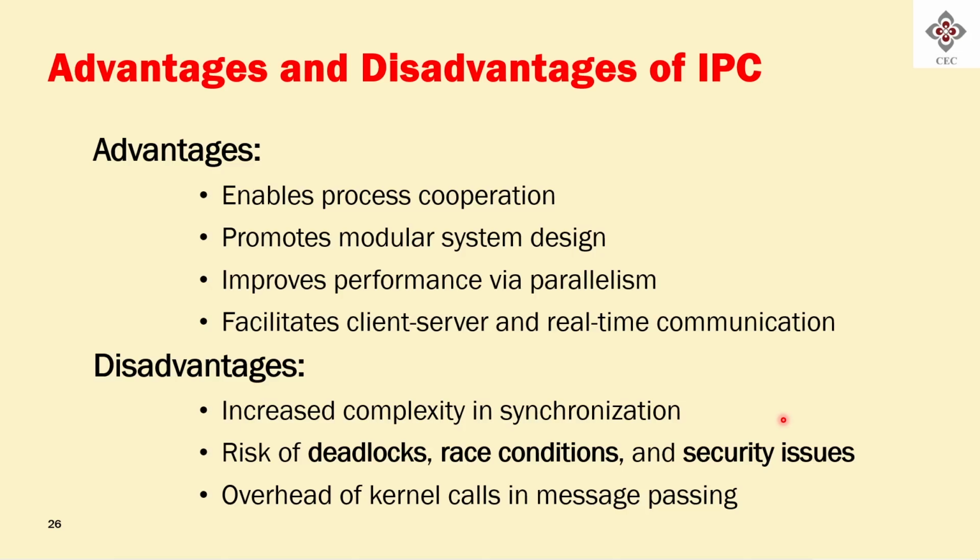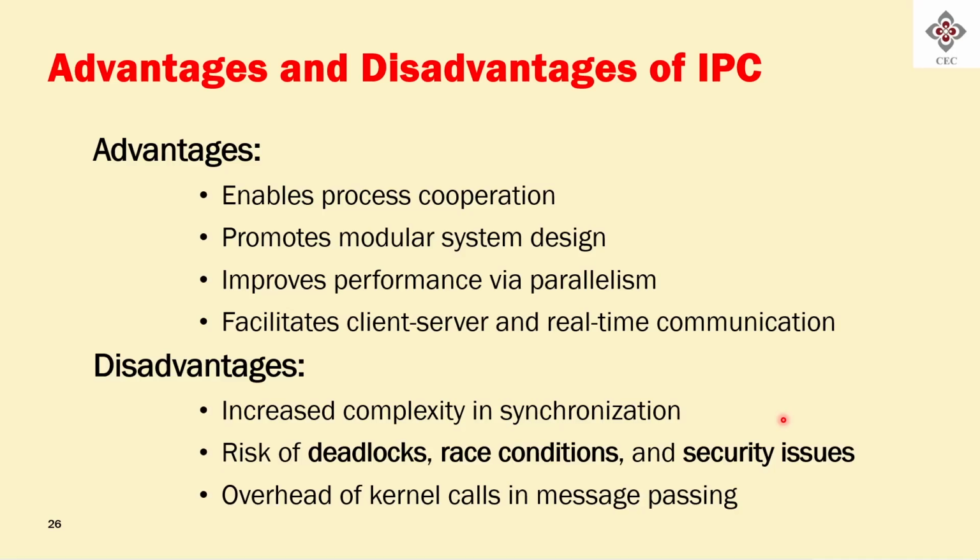So, the advantages and disadvantages of IPC. If you look at the main advantages, it enables cooperation among the processes, enhances the performance of the overall system, and promotes modular system design. As we have the scope for modularity in this implementation, since one is sending the data and another is receiving, not doing so simultaneously, we can have respective system calls invoked as and when necessary.